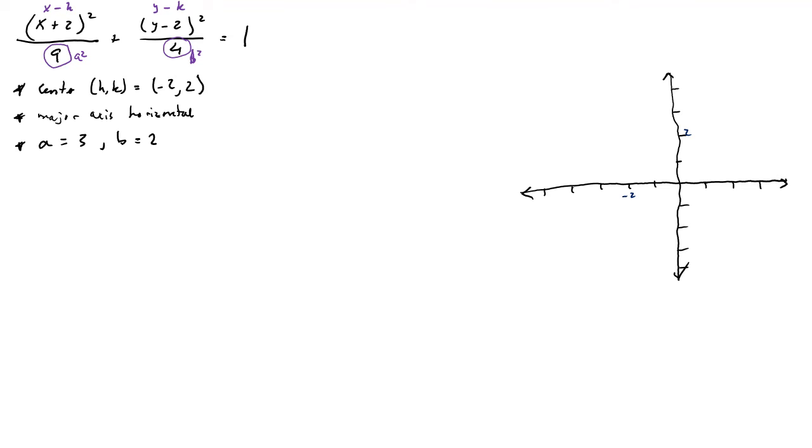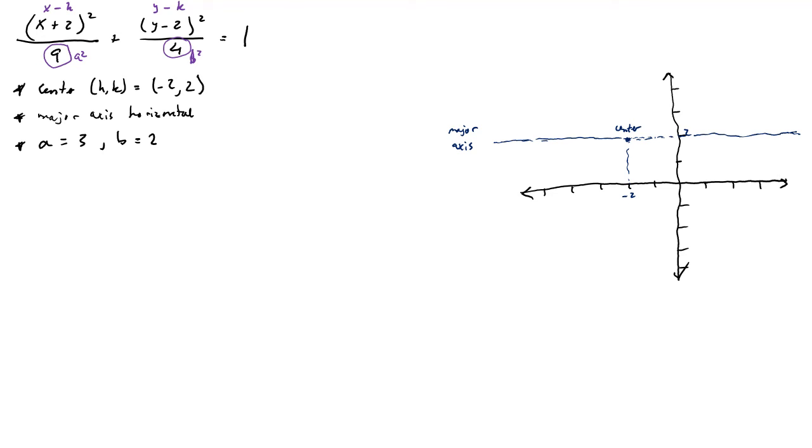So -2 and 2. So the center is going to be right here. So this is our center, that point. We know that the major axis is horizontal. So the major axis is going to go through the center, and it's going to be this. So all the other points, the vertices, the foci, all of them are going to go on this one. So this here is our major axis.